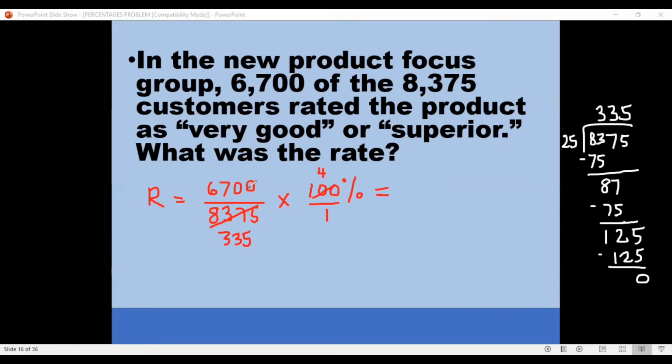But as you notice, this 6,700 can actually be divided by 335.